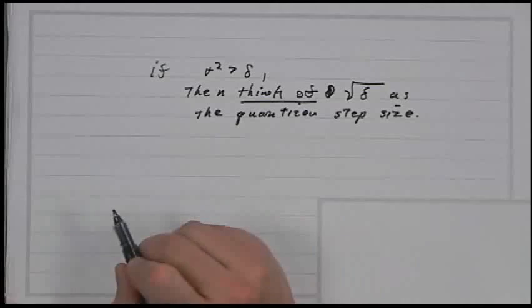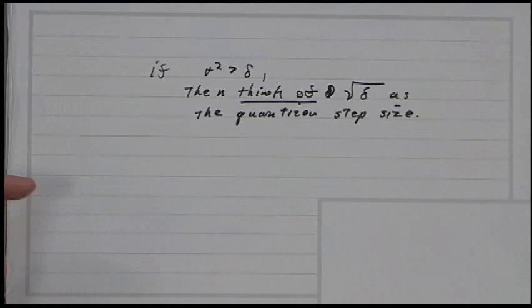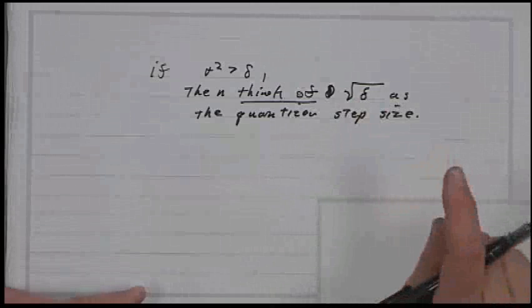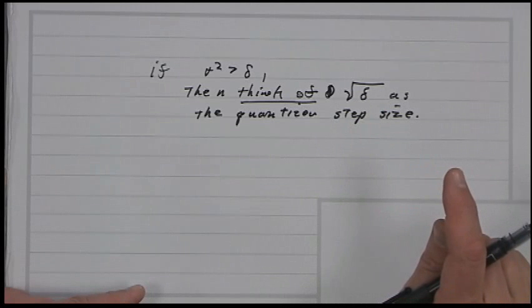This is a very loose argument. In fact, the optimal quantizer doesn't have a uniform step size anyway. It's non-uniform, but this could be proportional to step size. So this is the size of each step in the quantizer.